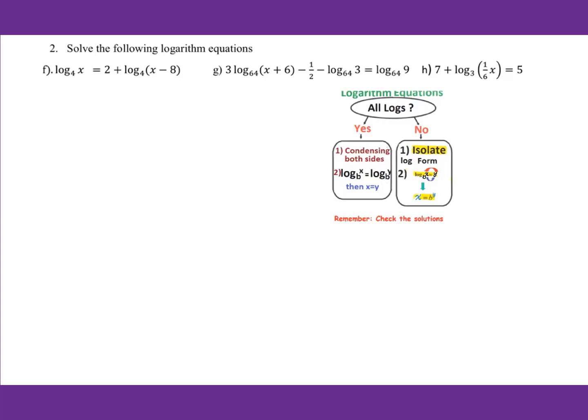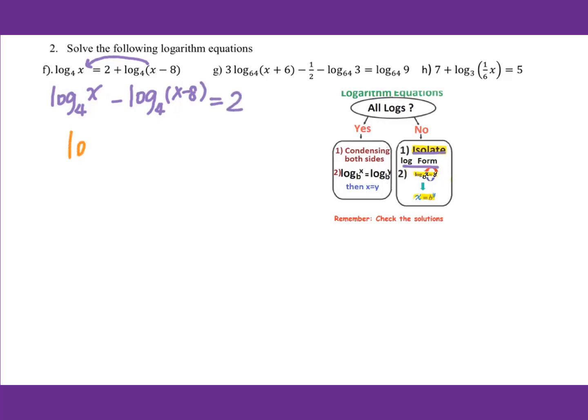Still, they are not all logs. Therefore, isolate the log on one side and move this log onto the left side. We got the log base 4 of x minus log base 4 of (x minus 8) equal to 2.